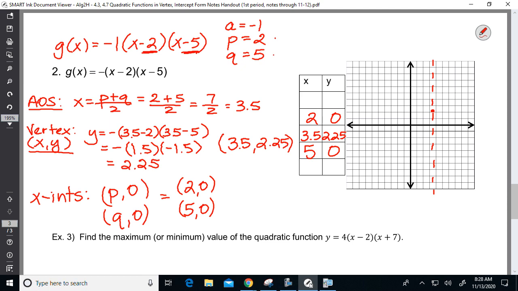Notice how conveniently that you get one on one side and one on the other. So again, remember with intercept form, you only need 3 points. There's your 3 points. There's your curve.